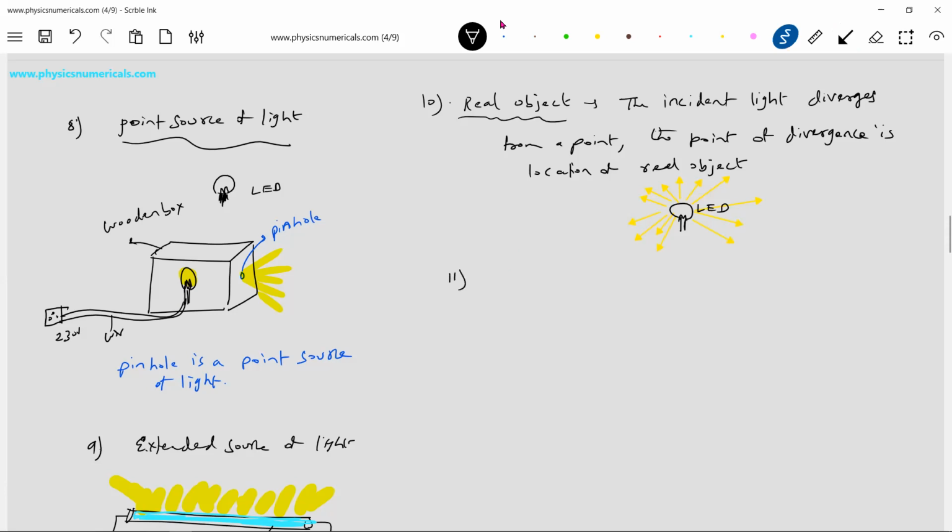Similarly, next, virtual object. What do you mean by virtual?